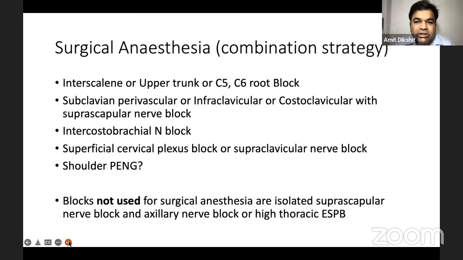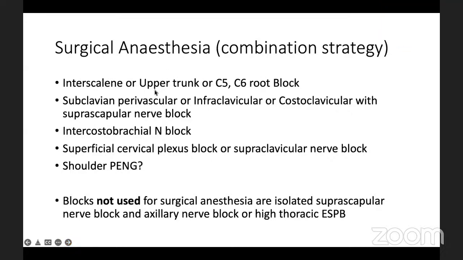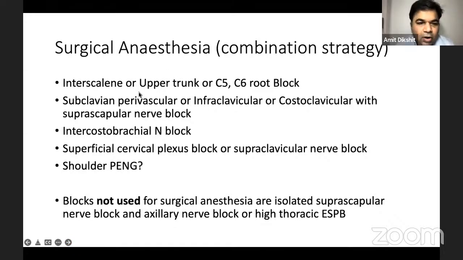But when it comes to surgical anesthesia, we need a combination strategy. Previously, people were really not thinking on these lines, and they would say, okay, shoulder, so I'll give a very good interscalene block and it should cover everything. But as we look at the anatomy, I think we need to supplement it with a few other blocks as well. So the base, yes, is formed by probably an interscalene or an upper trunk block.